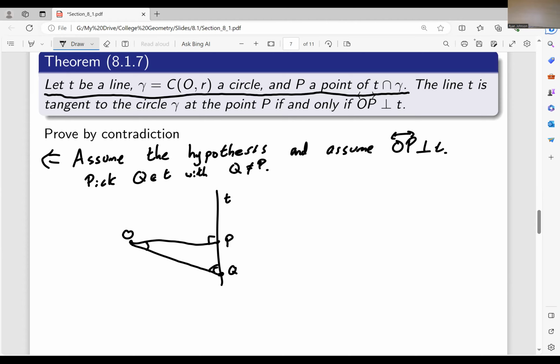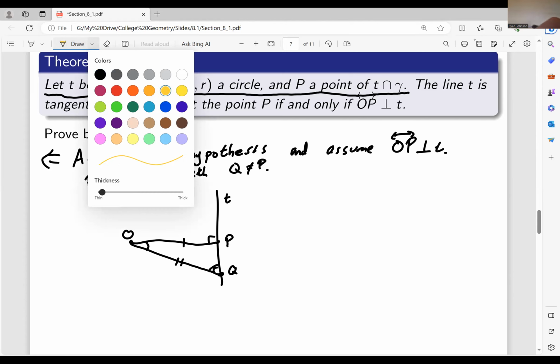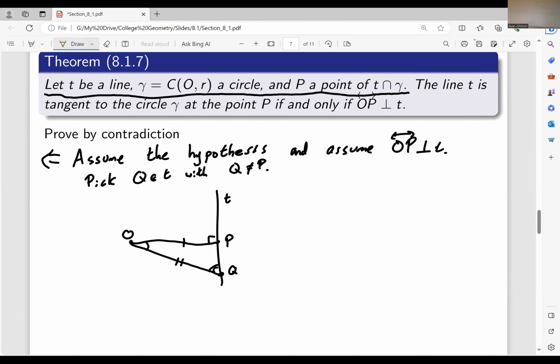Then that means that this side, OQ, has to be bigger than OP because it's opposite a bigger angle. So let me use a different color, orange. So this is the biggest angle, so it goes across the biggest side.